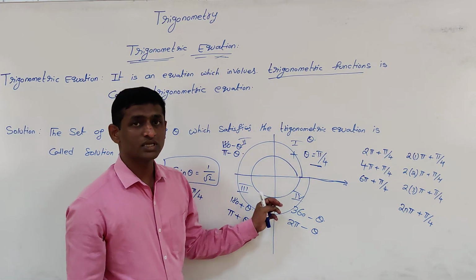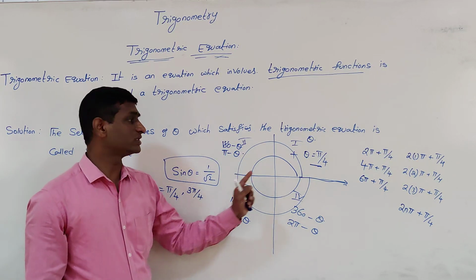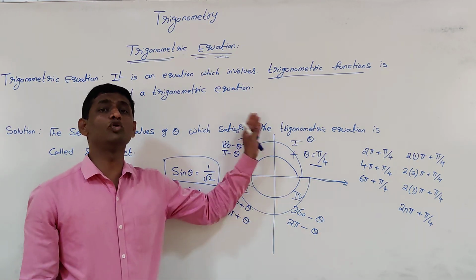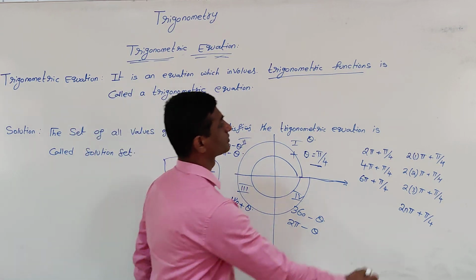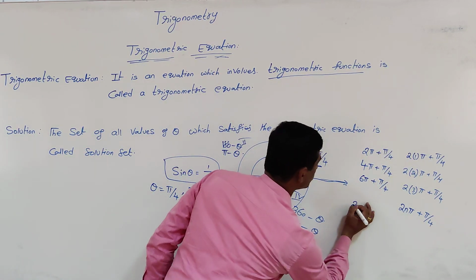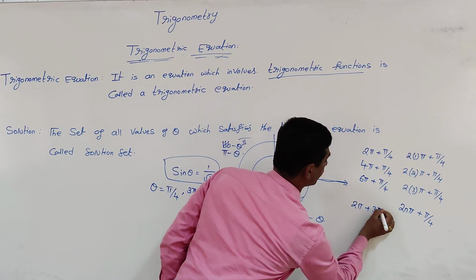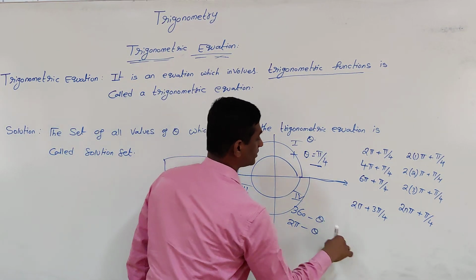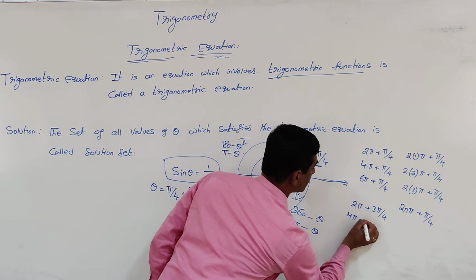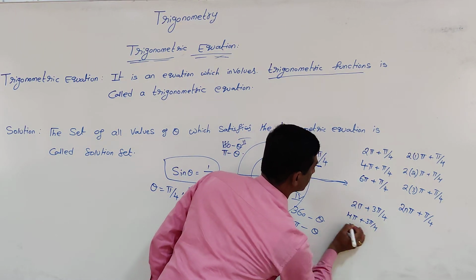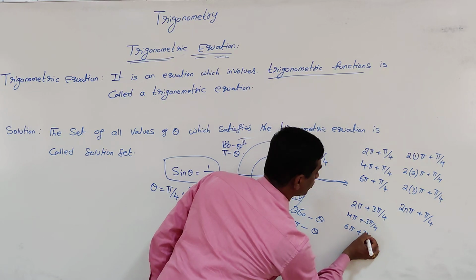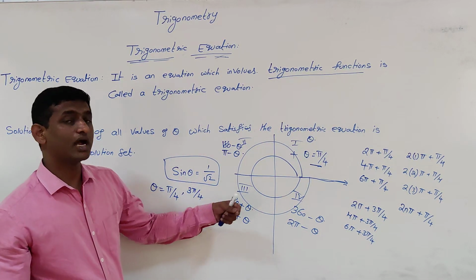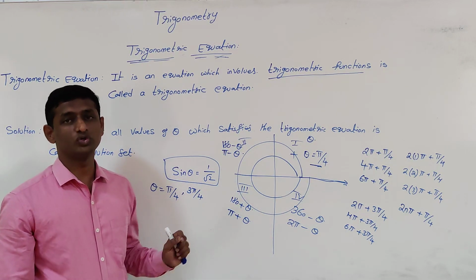As we have discussed, sin theta is also positive in the second quadrant. Again for 3 pi by 4, if we rotate 2 pi units, it will be 2 pi plus 3 pi by 4, which is also a solution. Again 4 pi plus 3 pi by 4, 6 pi plus 3 pi by 4 are also solutions. So we can have an infinite number of solutions.